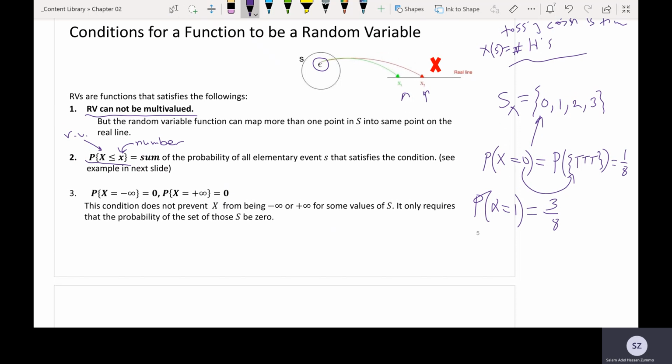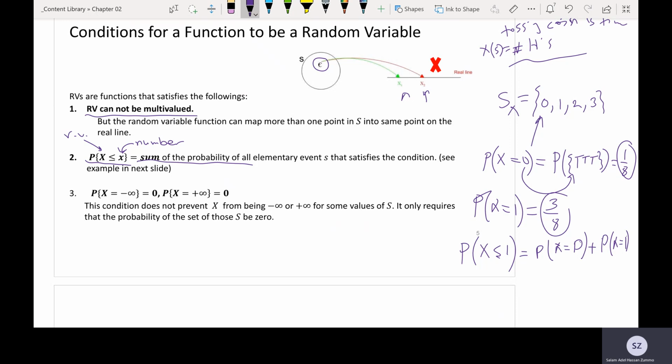If I want to ask you, what is the probability that X is less than or equal to a certain number, it is the sum of the probabilities of all elements that correspond to X less than that number. For example, what is the probability of X less than or equal to 1? It's this plus this, right? Because X less than or equal to 1 means X equals 0 plus the probability that X equals 1.